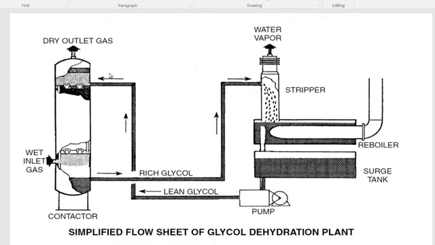Now, the summary of the glycol dehydration is as follows. The wet gas inlets from the bottom of the contactor, and the lean glycol inlets from the top of the contactor. Then the lean glycol will absorb the water from the gas. The dry gas will release from the top of this contactor. The rich glycol, which is loaded by water, leaves from the bottom of the tower and feeds to the stripper and reboiler.